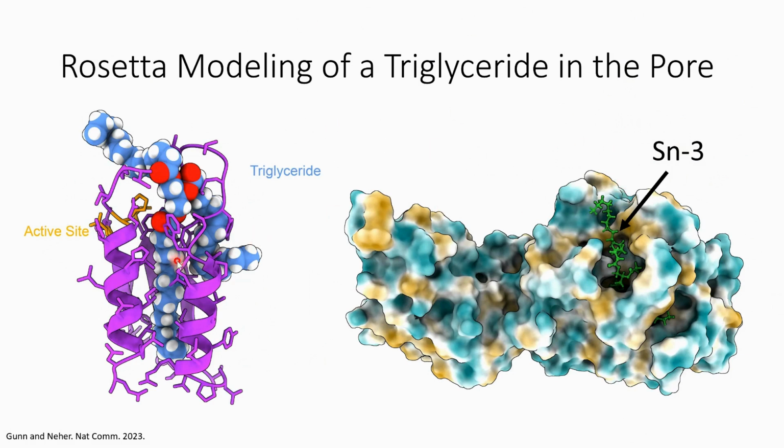And we know that LPL prefers the SN1 and SN3 chains of a triglyceride, so it preferentially hydrolyzes those two chains first. When we fit the SN1 chain into the pore that we see in our structure, the SN3 chain sits in this hydrophobic pocket.